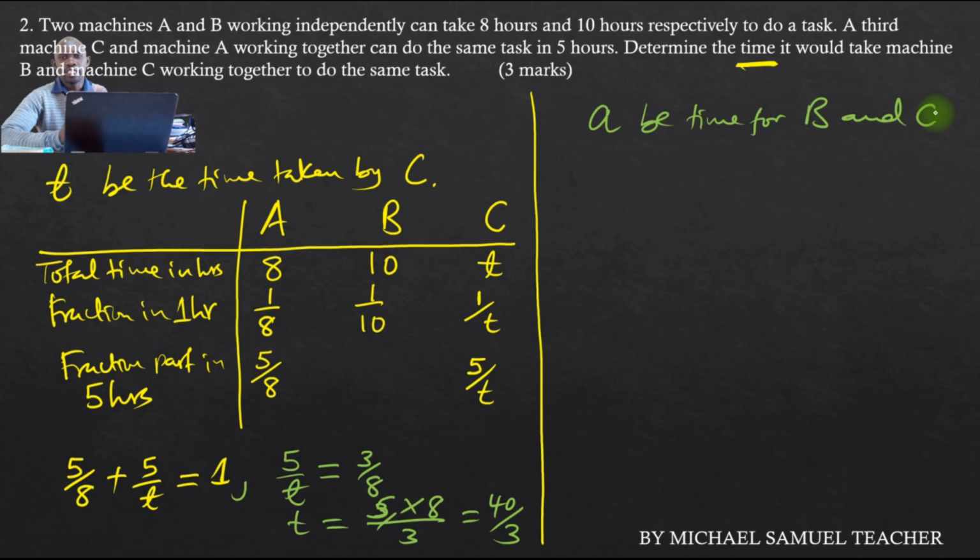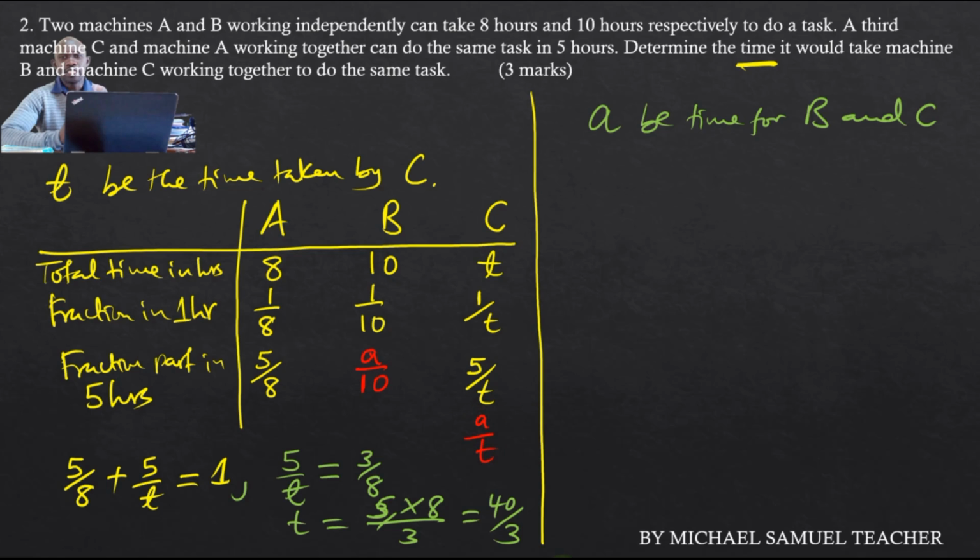Machine B will do a fraction A over 10, and for C it will be A over T. Hope that is clear.